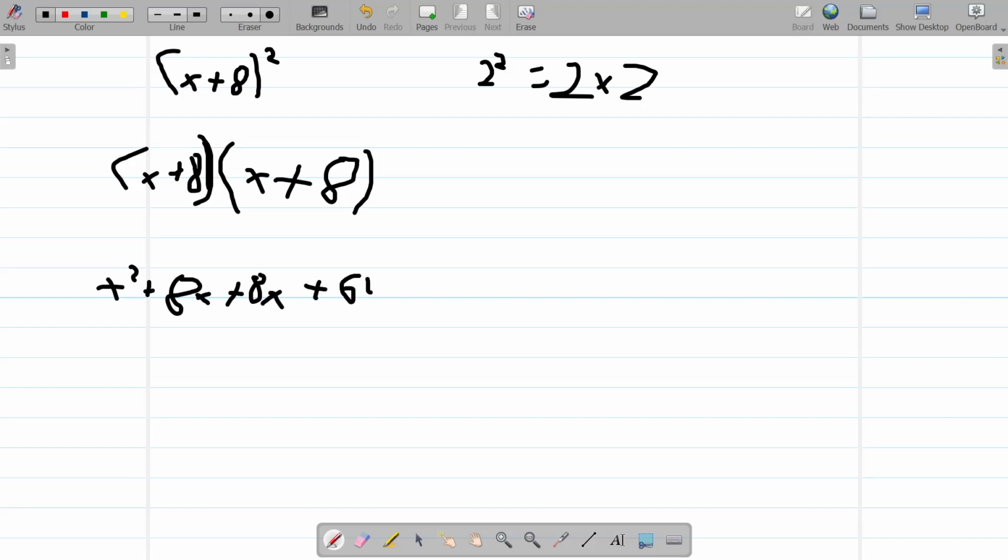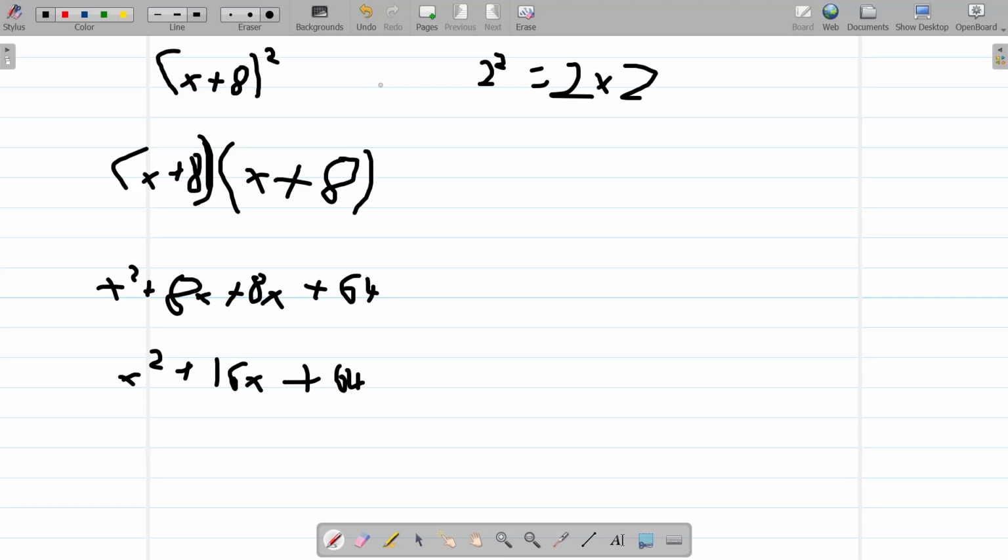And once again, we've got two like terms, two 8x's, so we can just go x squared plus 16x grouped together, and then plus 64 at the end. Again, quite easy, but you've got to know what to do when you have a bracket squared.